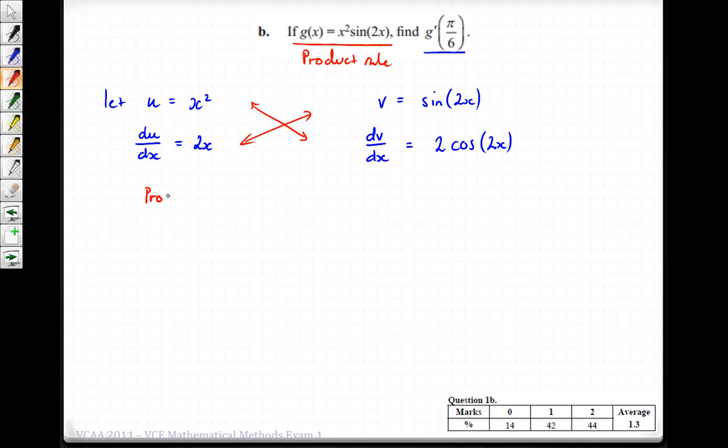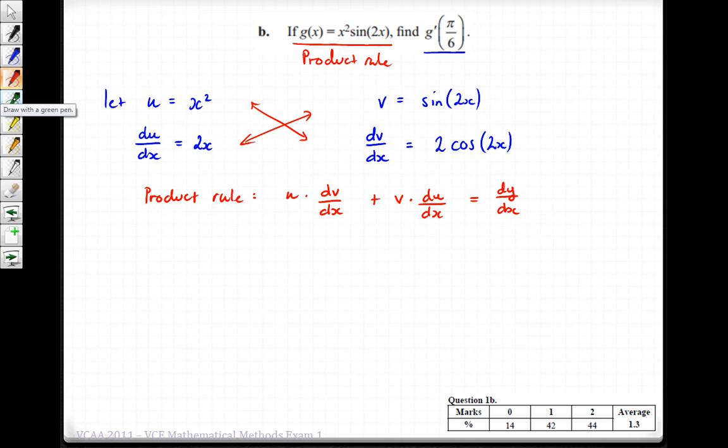So the product rule states that we take u and we multiply that by dv/dx, and then we add on v times du/dx, and that will give us our dy/dx value that we're looking for. So let's have a look at that.